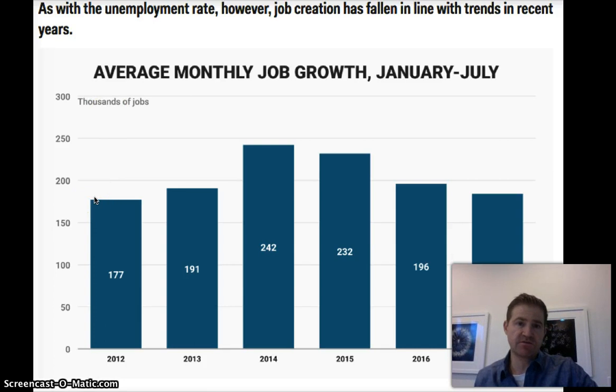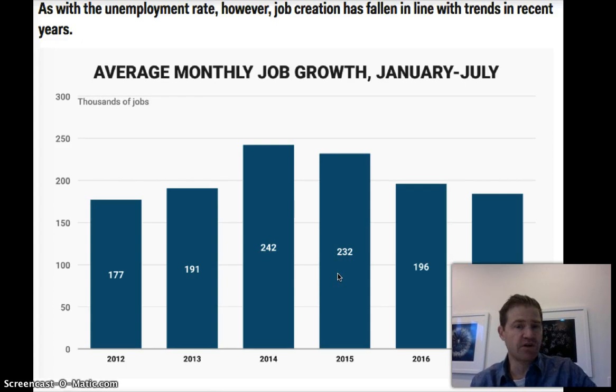Basically, the first 6 months of the year, the average growth in jobs for the past 5-6 years. And you can see that we averaged 177,000 jobs a month, 191,000 jobs a month in 2013. You can see the numbers there.